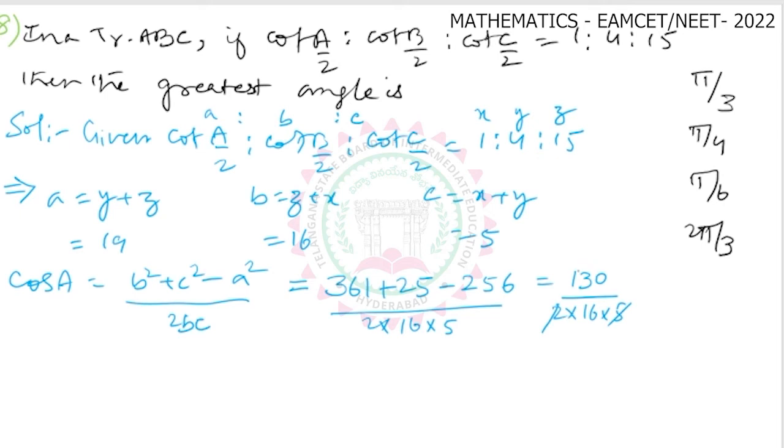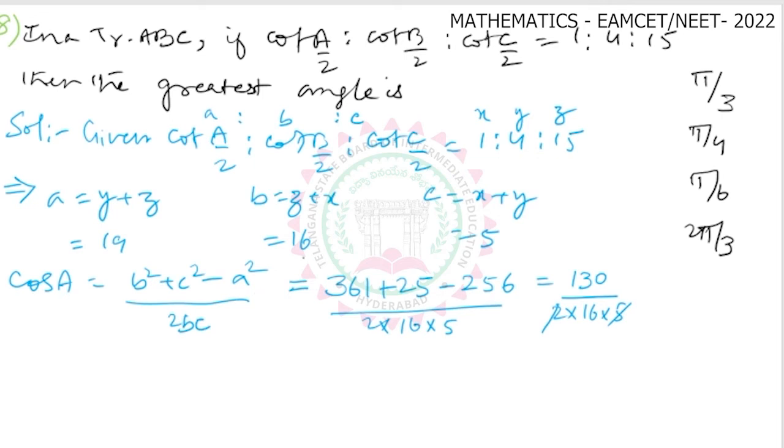So this is 10 into how much? We have to add 361 plus 25 minus a square. That is, B square plus c square minus a square.